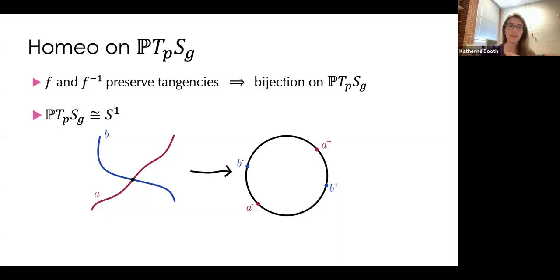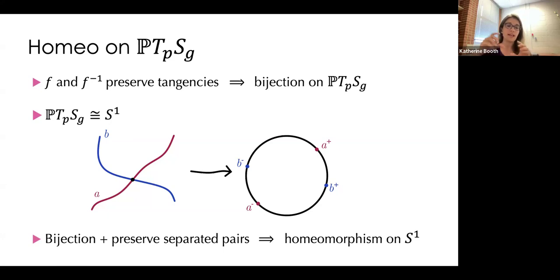What I'm going to use is that on my circle, if I have two transverse curves, they're always going to have to be separated. So A plus and A minus are going to be separated by the B minus and B plus. And similarly, B minus and B plus are going to have to be separated from A minus and A plus.